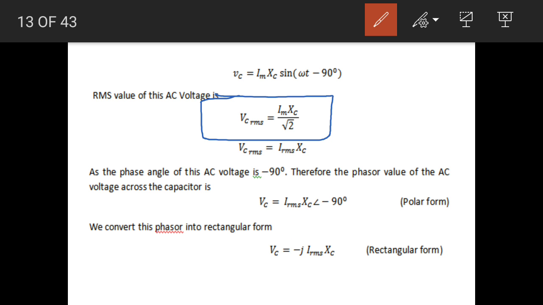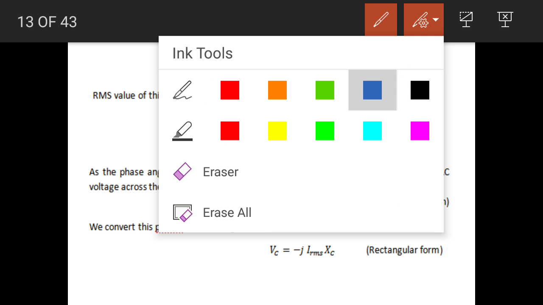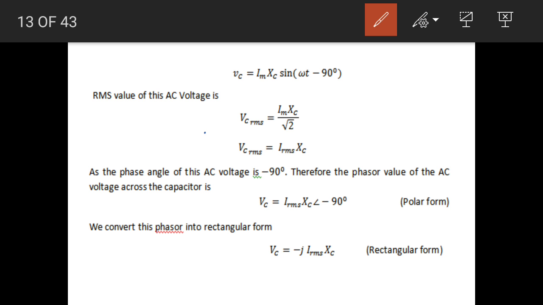If we simplify this equation, we get another equation, and the RMS value of the AC voltage across the capacitor can be calculated with the help of this equation.